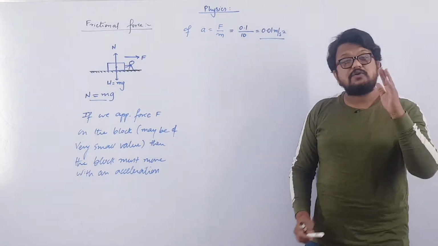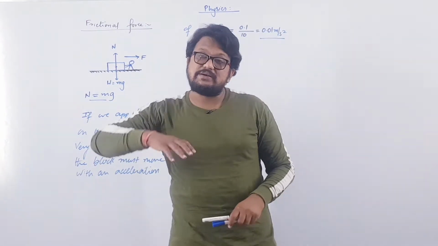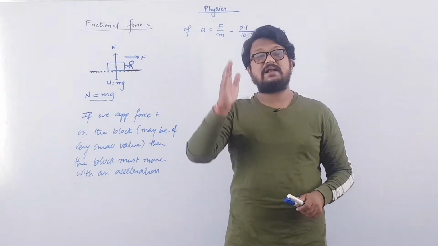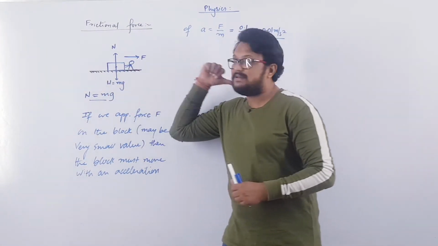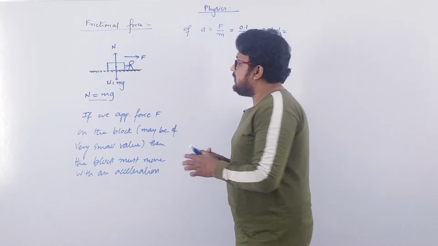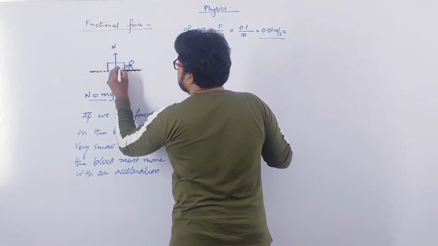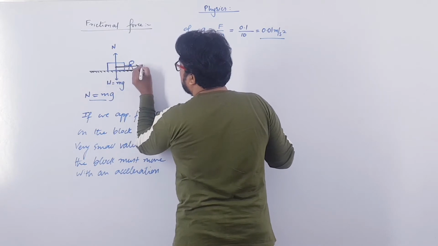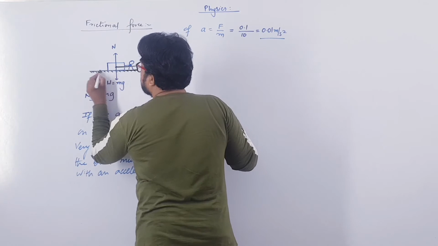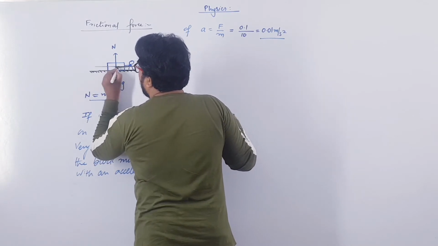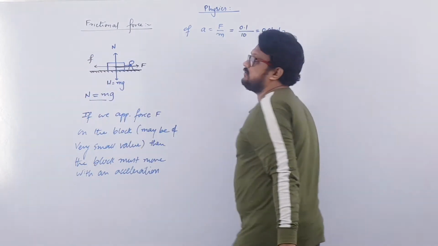But if you are applying force and the object is still at rest, then according to the condition of equilibrium there must be an equal and opposite force acting on it. You are pushing this object in this direction with force F, so there must be an equal and opposite force acting on this object, and that force is known as frictional force.